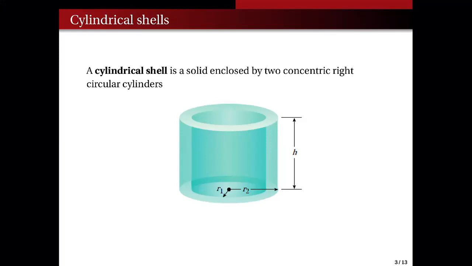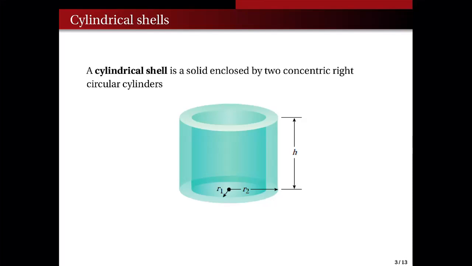From the center of your shell going to the surface outside, this is your bigger radius. And from the center of your tube going to the surface on the inside, that's your smaller radius. And of course, the height, you have this.